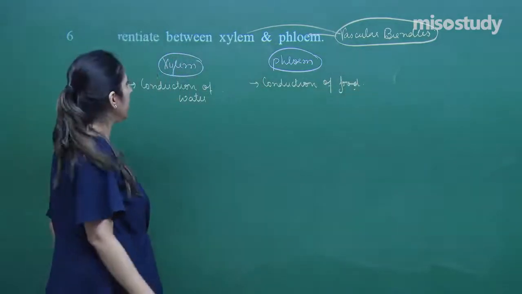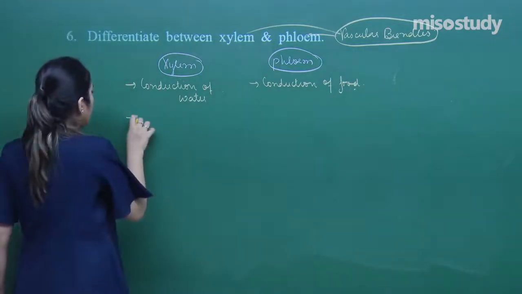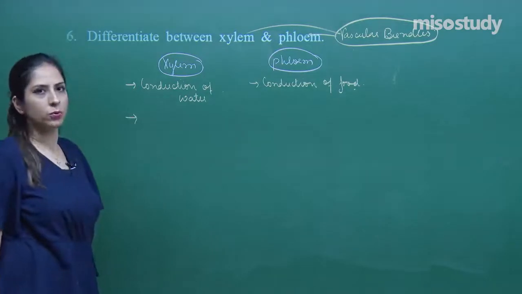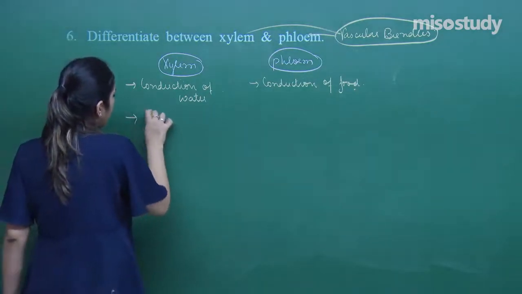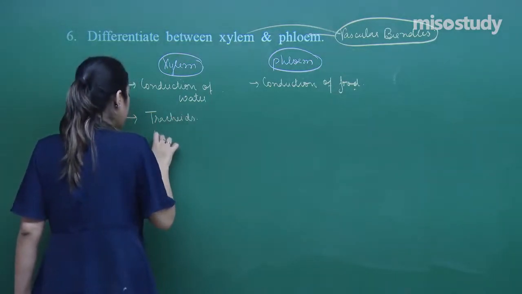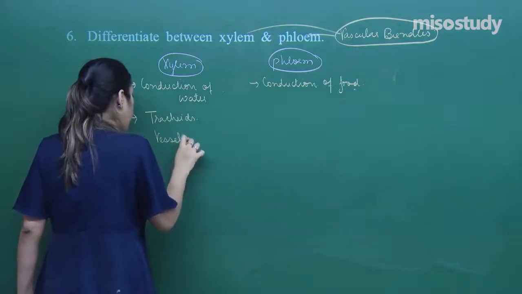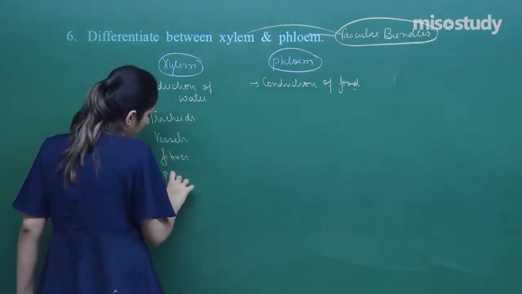In case of xylem, it is further made up of different cells because these are complex tissues. They are made up of tracheids, vessels, fibers and parenchyma.